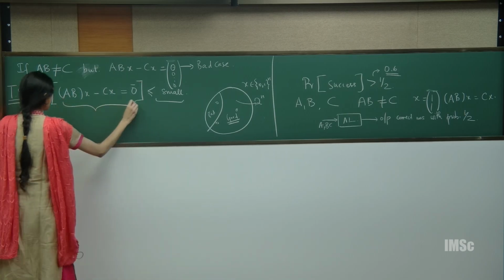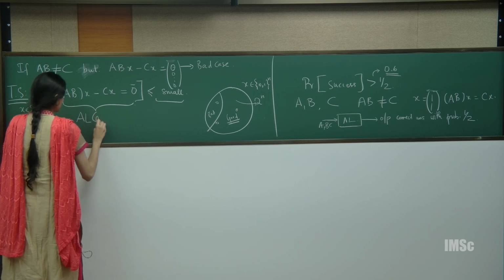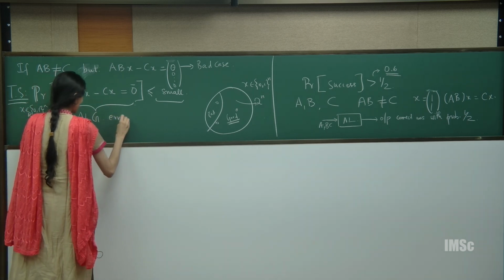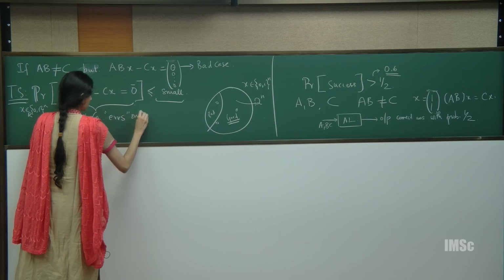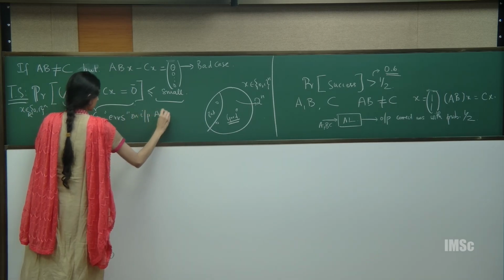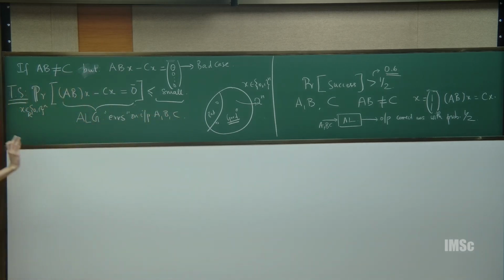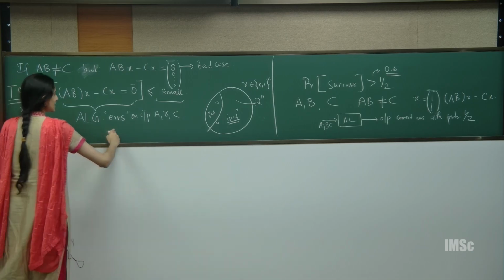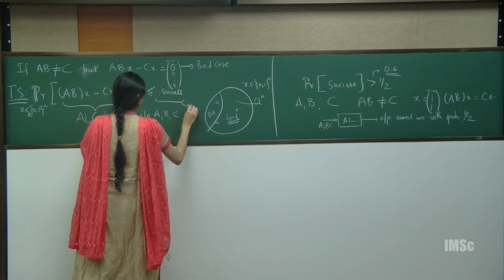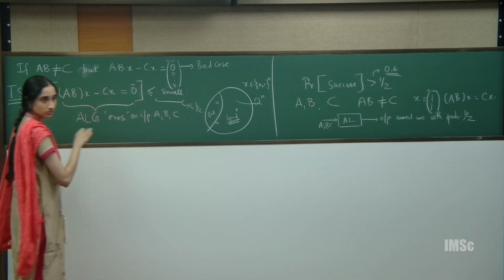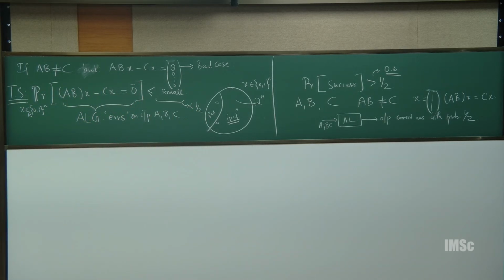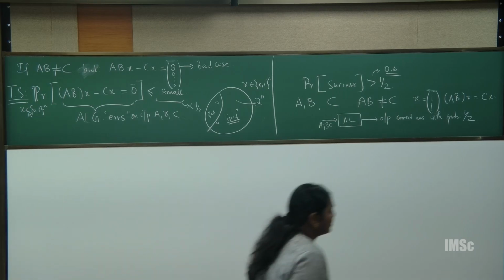If you don't understand the math, it's the probability that the algorithm errs on an input. The probability that the algorithm is wrong is smaller than half. That's what we want to argue. I have not argued yet. So a randomized algorithm with probability half is easy to see.